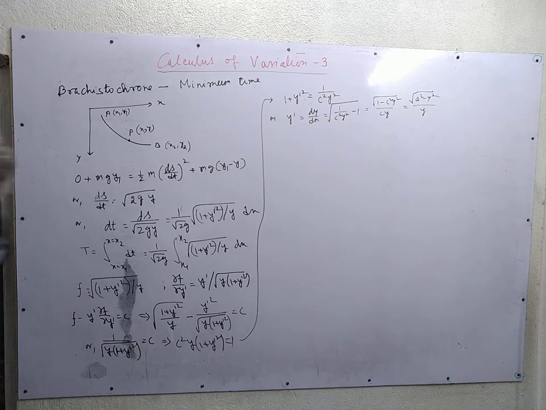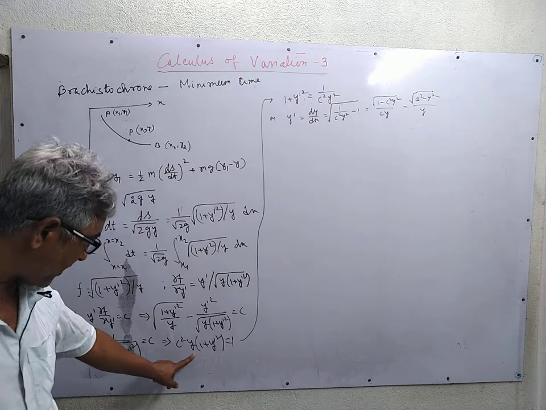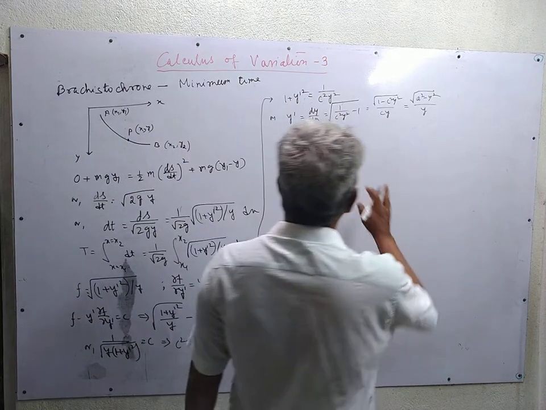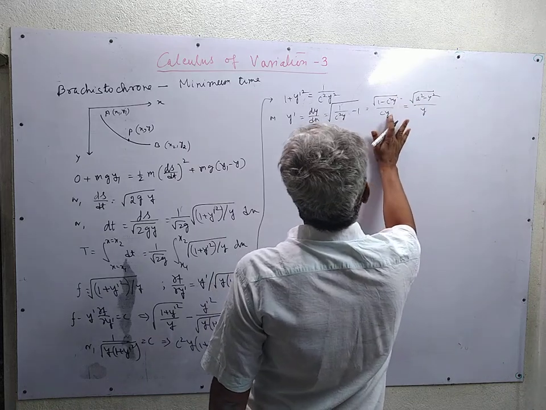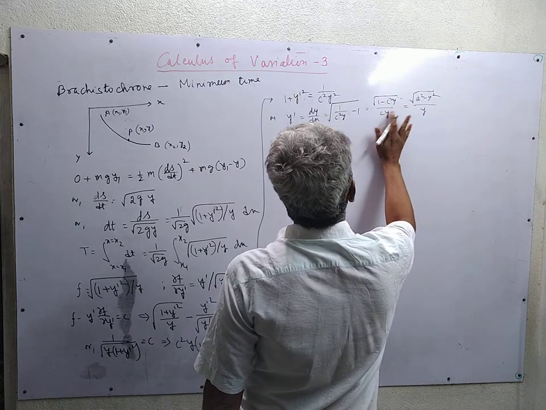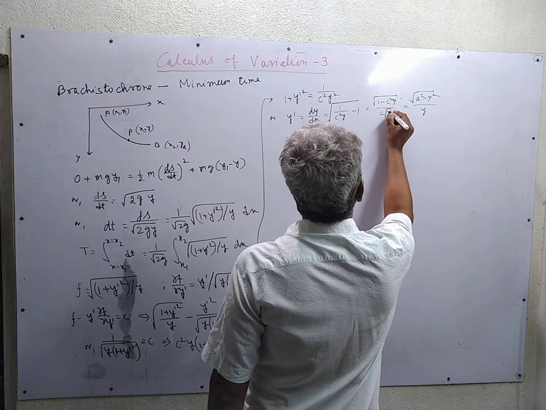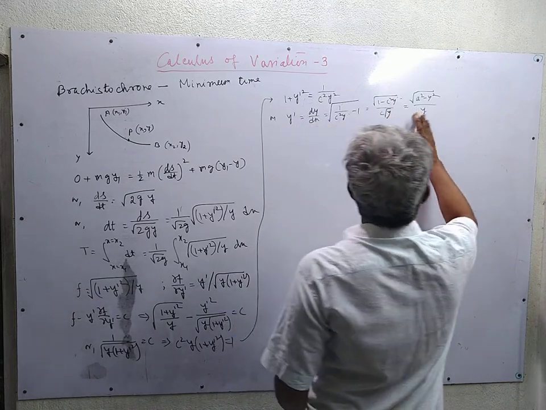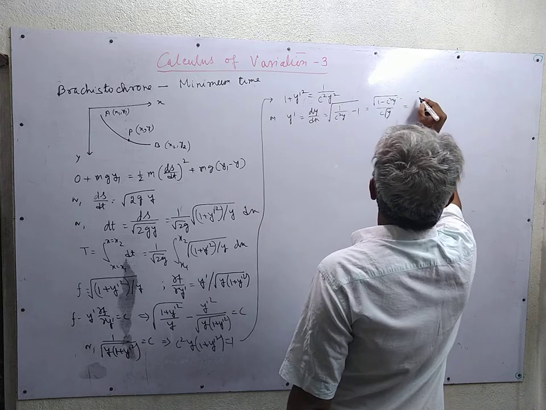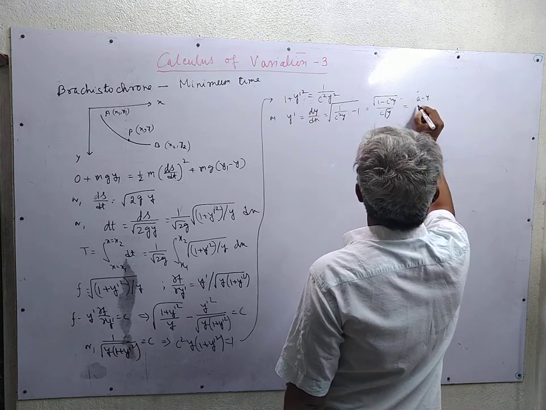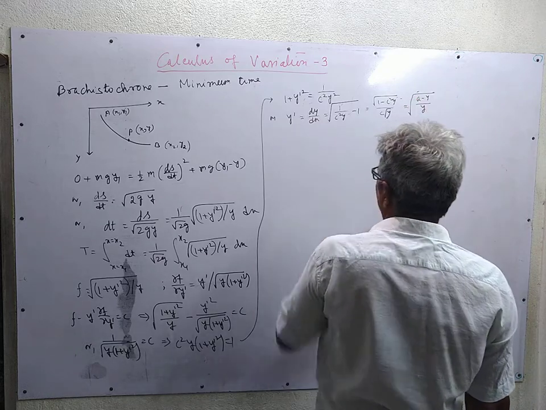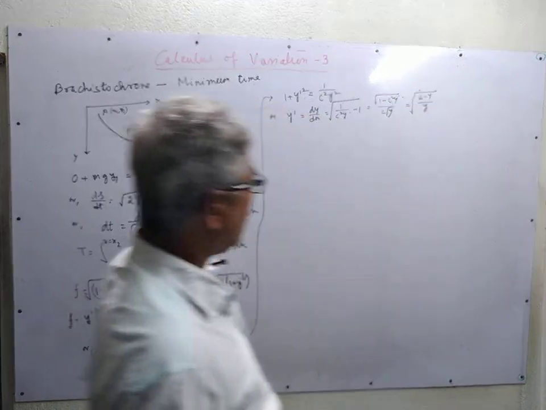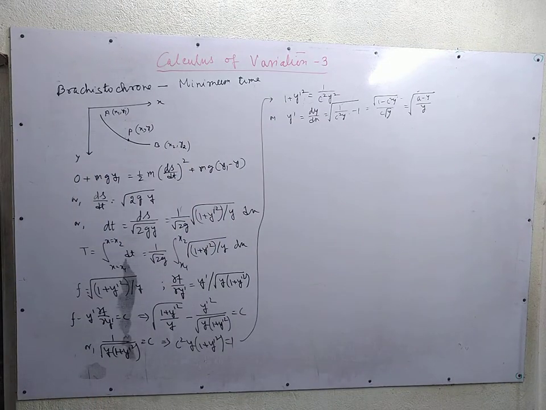Sorry, I have made a mistake. This is c square y into 1 plus y prime square. So this would be c square y, and we write it as square root of a minus y by y.